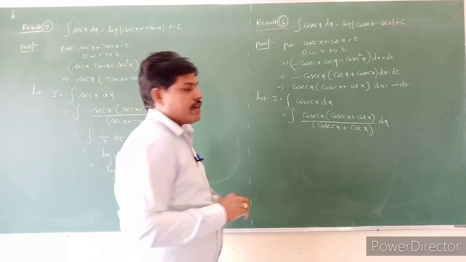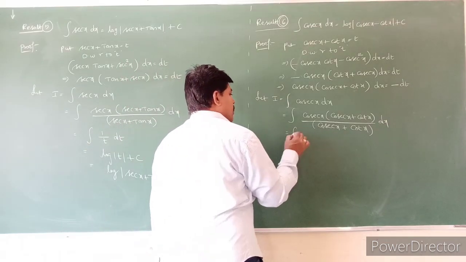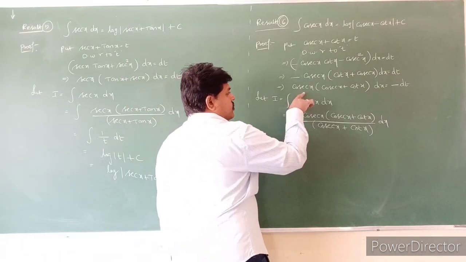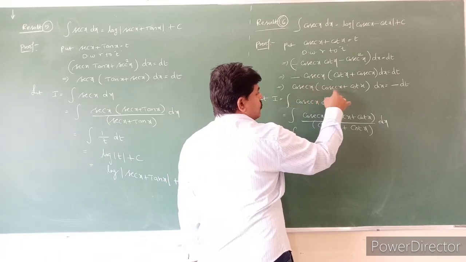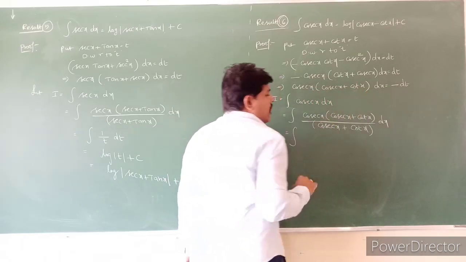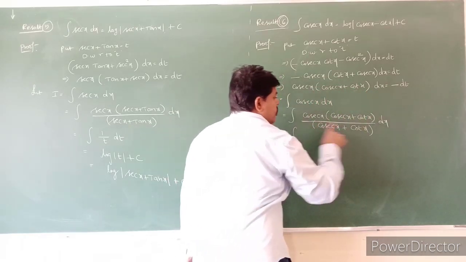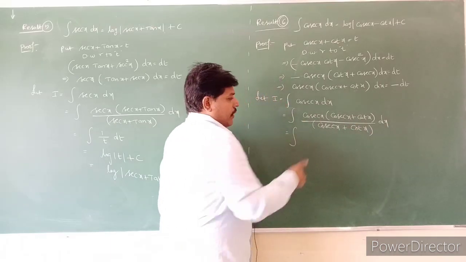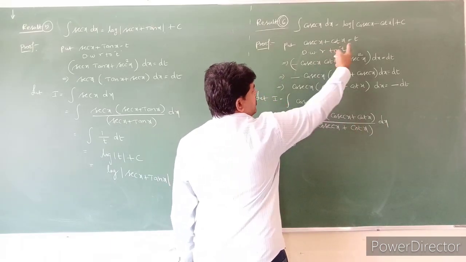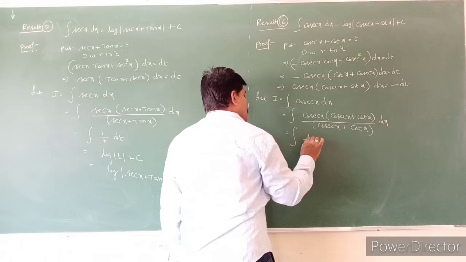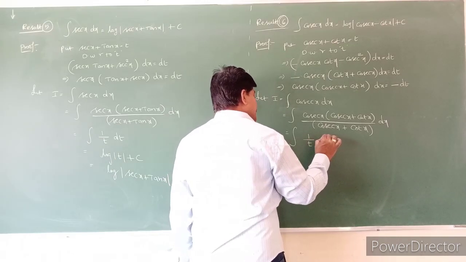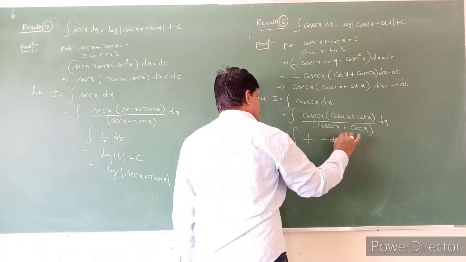Just I multiplied with cosecant x plus cot x. So what happens, students? That is equal to the integral of cosecant x into cosecant x plus cot x into dx, which will become minus dt. So the total numerator will become minus dt. The cosecant x plus cot x value is t. So the problem will become 1 by t into minus dt.